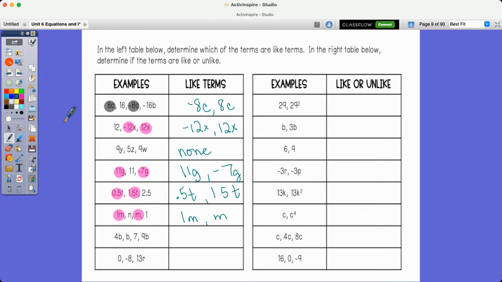They actually mean the exact same thing. 4b, b, 7, 9b. 4b, b, and 9b. Okay, and then this 0, negative 8, 13, my constants are the same. So I have 0 and negative 8. Okay, you guys are going to do this column the same way because this is kind of a review from yesterday.